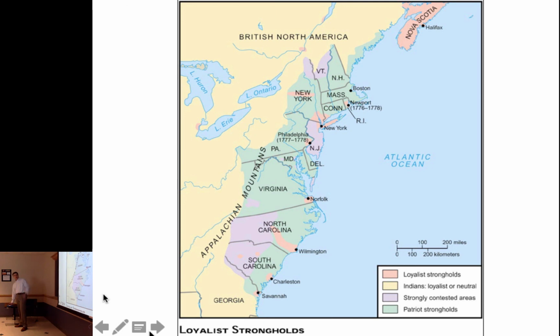This map is not in your textbook, but it's a nice reference map just to begin. And what you're looking at is sort of the areas of strength among loyalists, that is the Tories, during the American Revolution, the areas of greatest American rebel strength, here referred to as patriots, because I think it came from some high school history website or something like that.